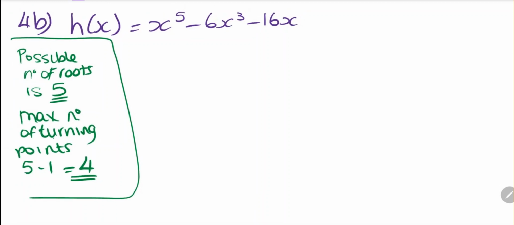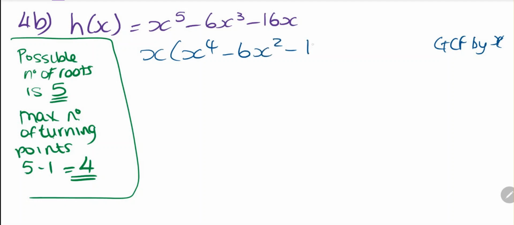So let's have a look at this question. The first thing I need to do, because I need it in quadratic form, is factor by x, the greatest common factor. So we'll have x to the 4 minus 6x squared minus 16. And now I can use the quadratic form.